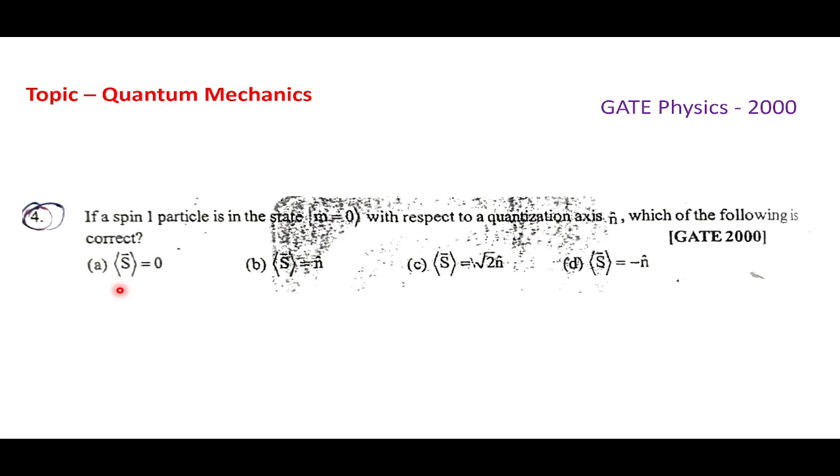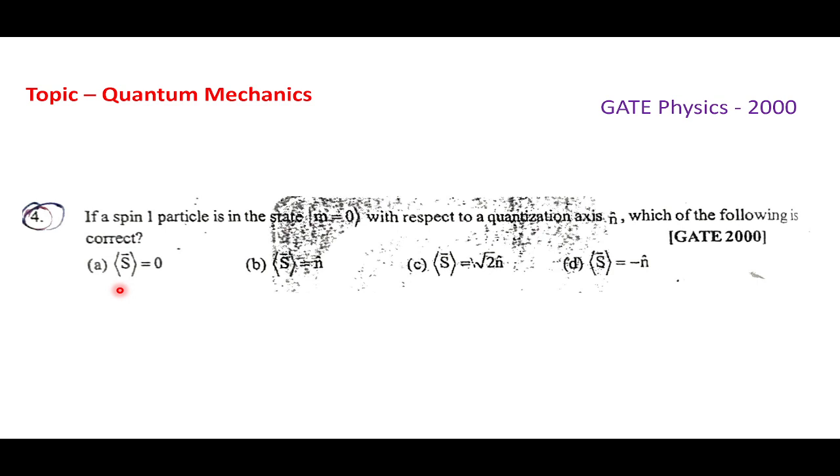Also, I think I have discussed the expectation value of S vector in some classes. I remember, while discussing orbital angular momentum, how to find the expectation values of Lx and Ly using ladder operators.